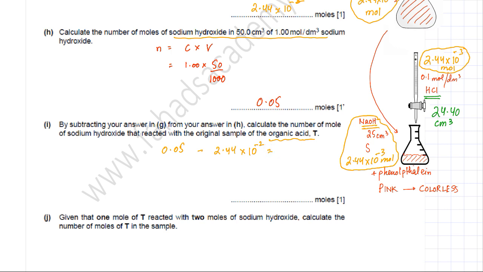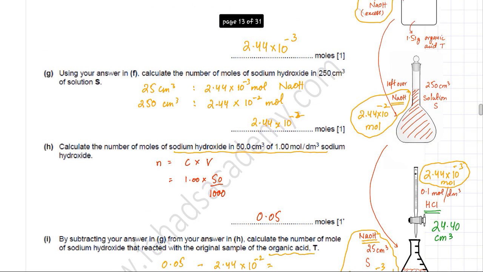Using my calculator, it's 0.05 minus 2.44 times 10 to the power minus 2, and the answer is 0.0256 moles.